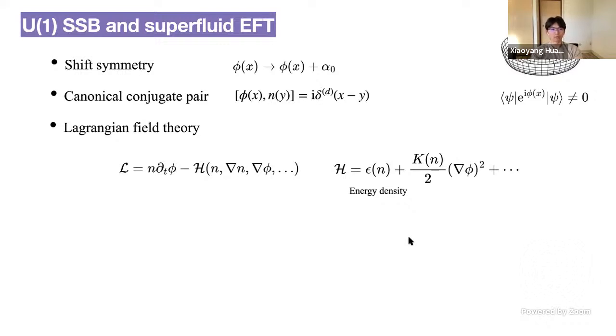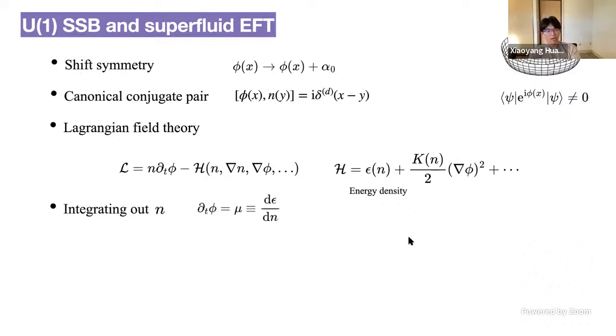But recall that there's a shift symmetry of your phi field, so the Hamiltonian can only depend on the gradient of the phi field, because otherwise the theory would not be invariant under this shift symmetry. The most general form of the Hamiltonian, at leading order in the derivative expansion, is the energy density term plus some gradient of your phase field.